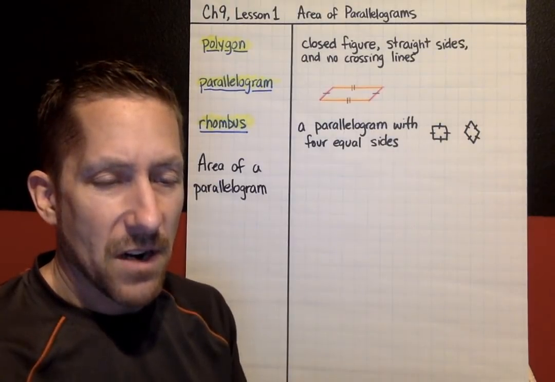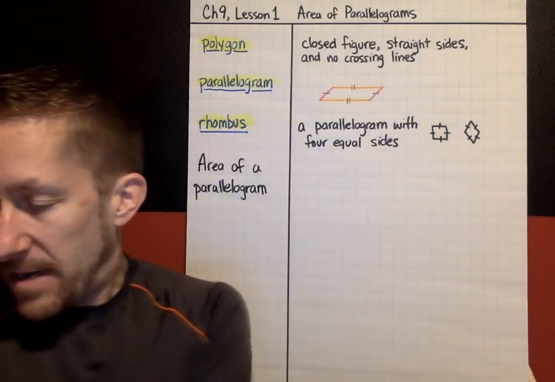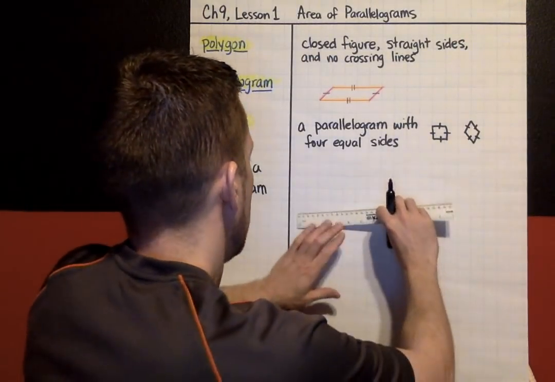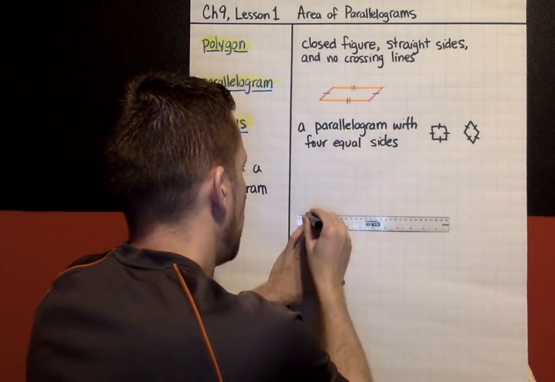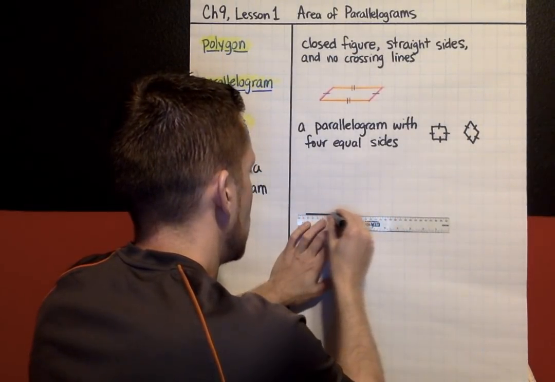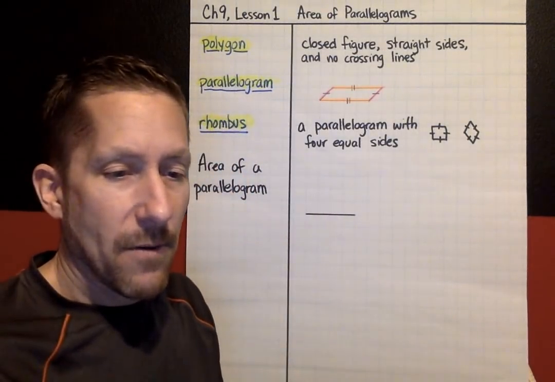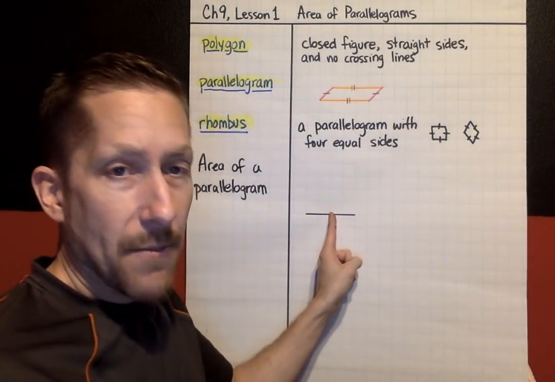So to start, I'm going to have you make a parallelogram that is, again, 4 units across the bottom. So follow along as I tell you how to draw it. So it's 4 squares along the bottom, 1, 2, 3, 4, like that. And then I want you to go over 2 squares and up 3.